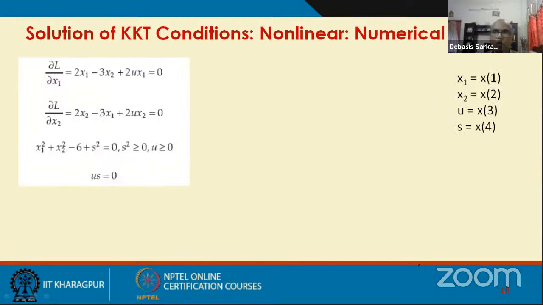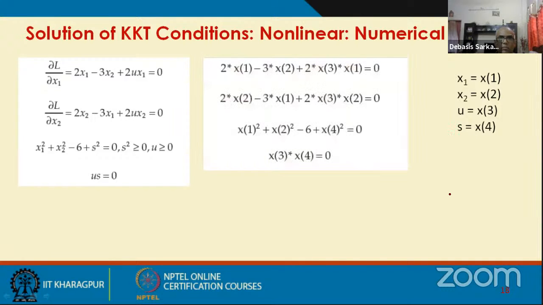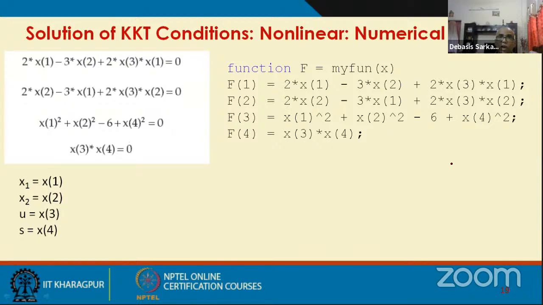I can use fsolve. So let us define the vector x. So x of 1 is, let's say x1, x of 2 is x2, x of 3 is u, and x of 4 is s. So then you can just write like this, right? This is the usual syntax. So now I define that function, my function.